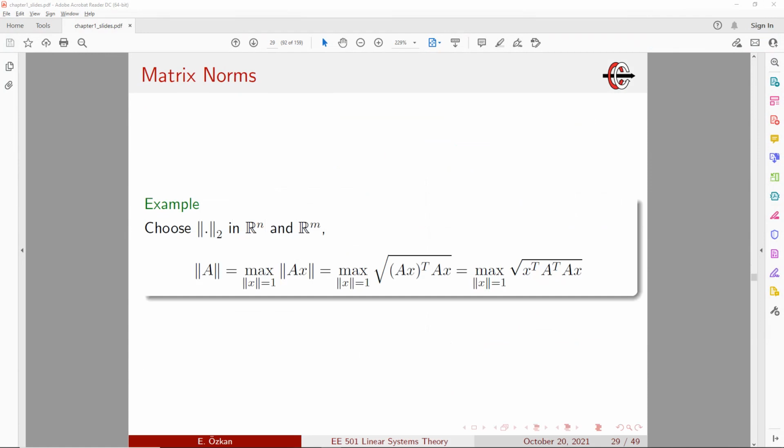We are saying choose all possible x's with norm equal to 1 and maximize the norm of A times x. So what are the vectors whose norm is equal to 1? They are the vectors that lie on the unit sphere according to that norm definition.